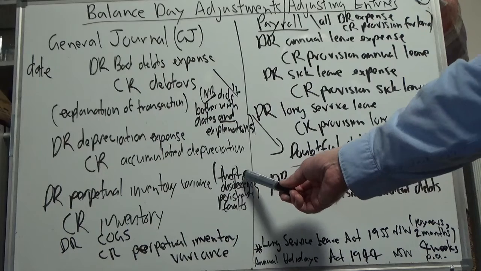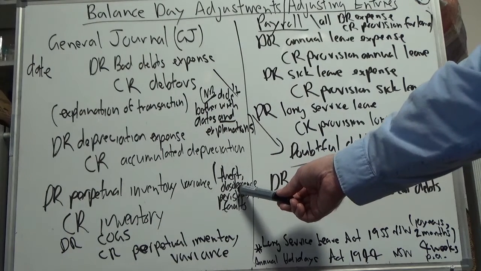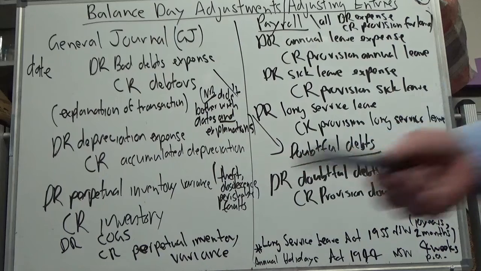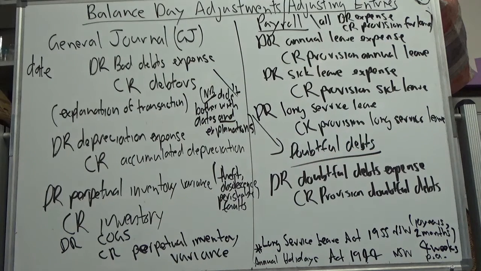It could be due to theft, obsolescence, perishable goods, or faults. Perhaps people in the store or the warehouse have got rid of some inventory and they haven't written it off properly, and there's a variance.